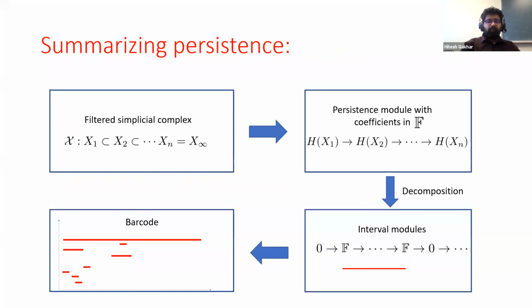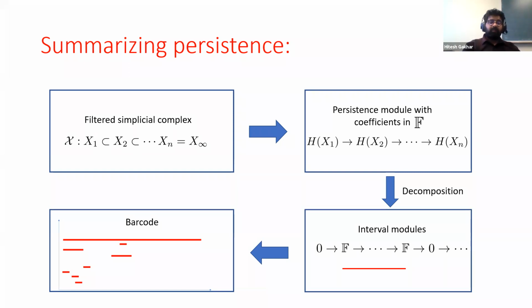So in summary, you always start with a filtration, whether it's a simplicial complex or a topological space. You apply the homology functor with coefficients in F, and you get this diagram of vector spaces. Then a decomposition theorem gives you interval modules, which are diagrams of vector spaces with sequences of zeros followed by sequences of F's with identity maps between them, and then followed by zeros forever.